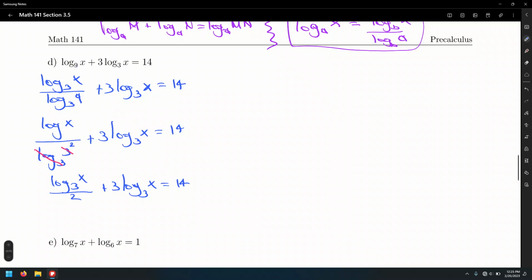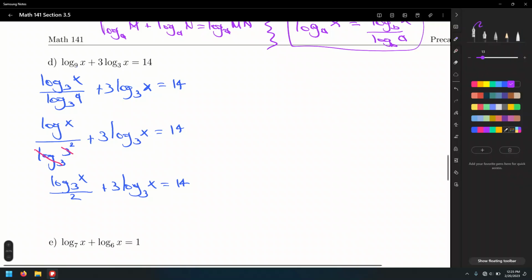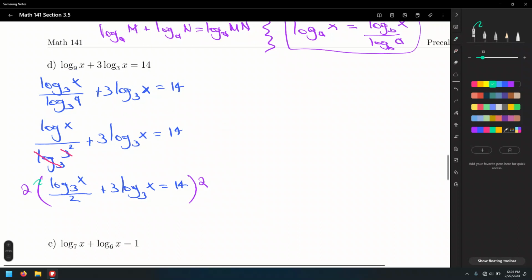We're almost there to combining like terms. However, I don't want to combine a half plus 3. I'd rather work with integers instead. So what I'm going to do here is multiply both sides by 2. We could do it the other way around, a half plus 3 is going to be 7 halves, but let's do it in a different way. Let's just distribute and cancel here.